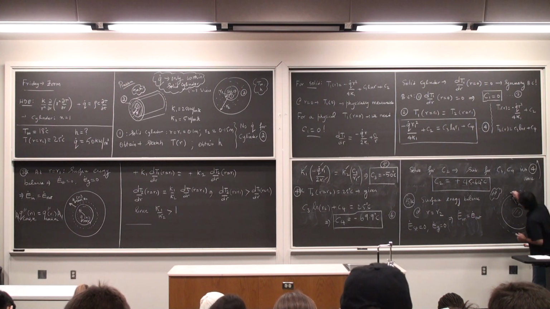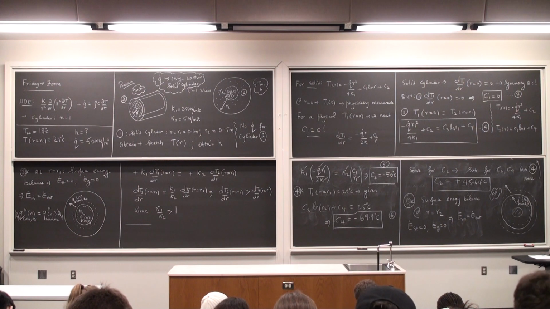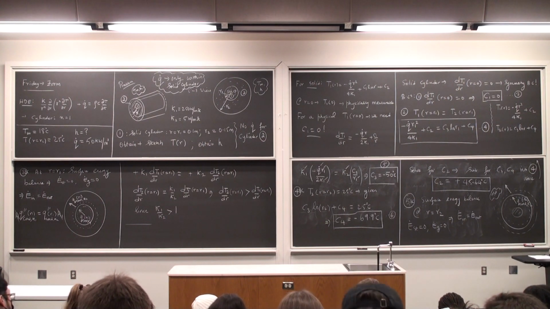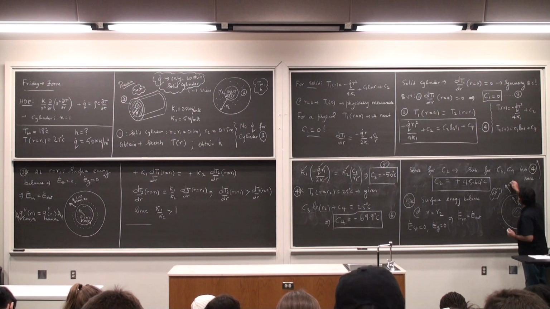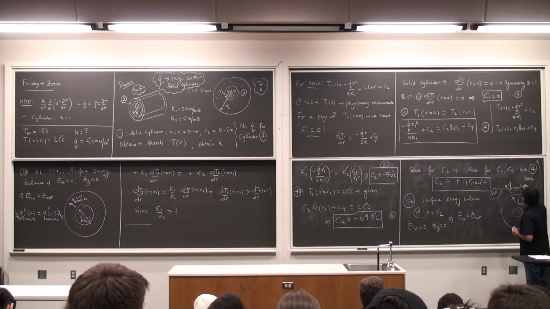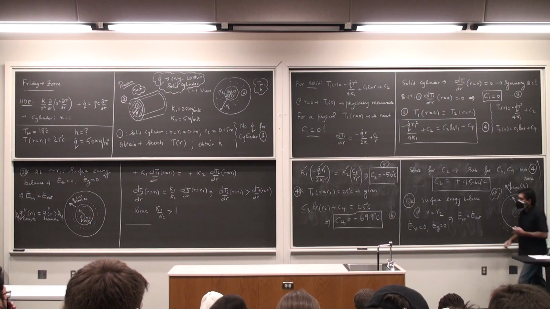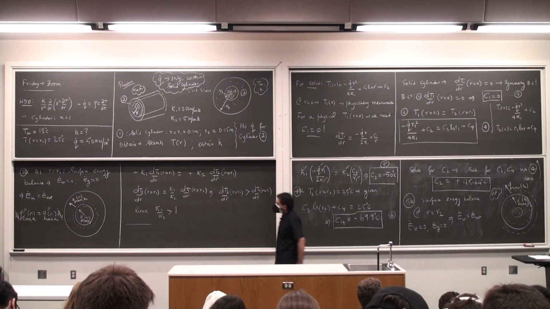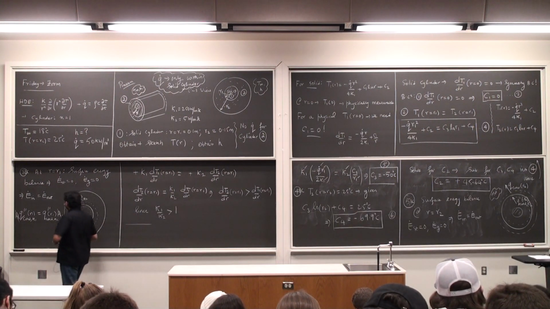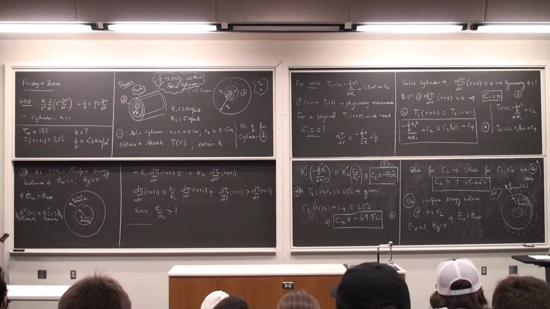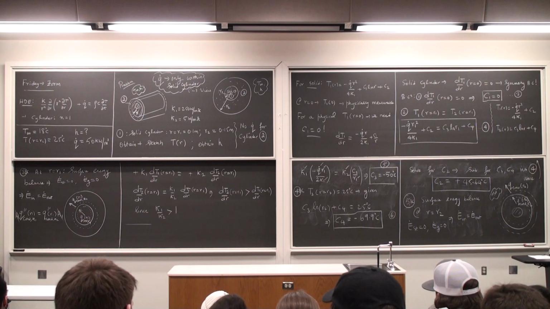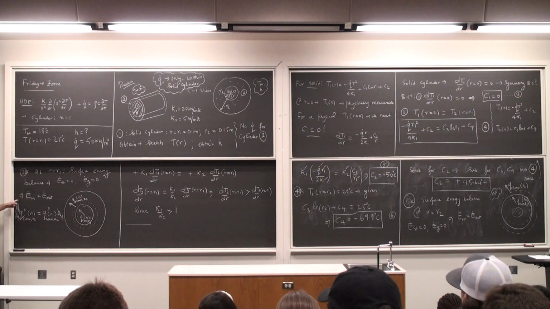This is radial heat transfer, so the heat transfer is taking place in the radial direction along the radial lines. This is Q convection at R2. And with your permission, I'm going to get rid of this panel here. Everybody got it?